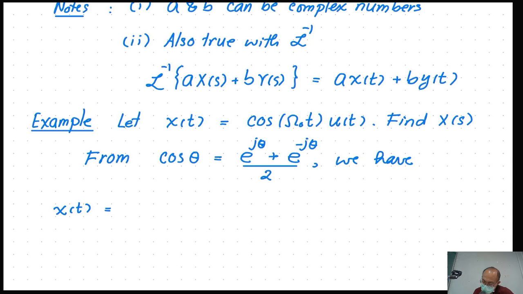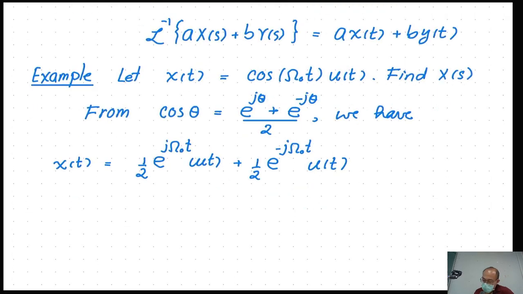So we have x(t) equal to 1/2 of e to the j omega 0 t u(t) plus 1/2 e to the negative j omega 0 t u(t).